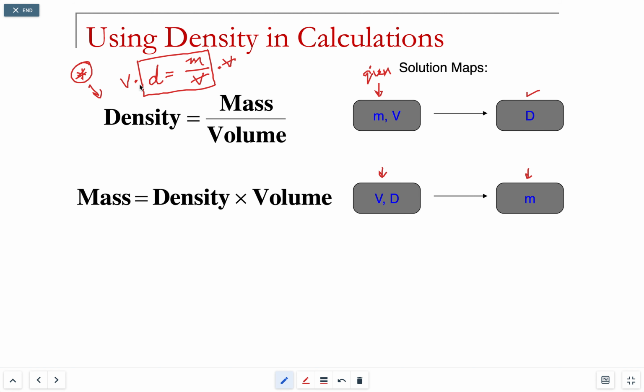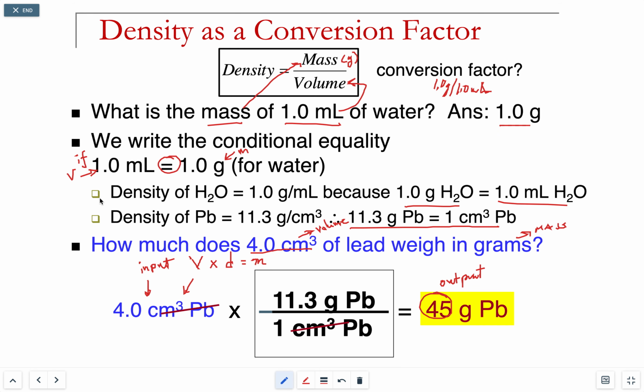So now by multiplying both sides by volume, I have a new equation. Mass is equal to density times volume, which is the same thing we generated here, right, by using the dimensional analysis method.